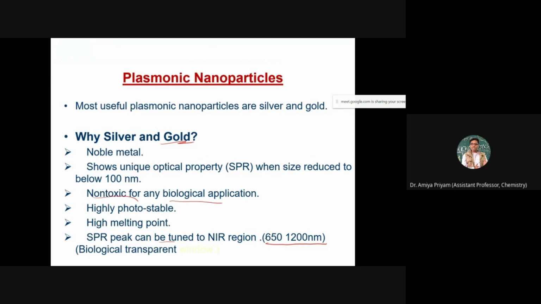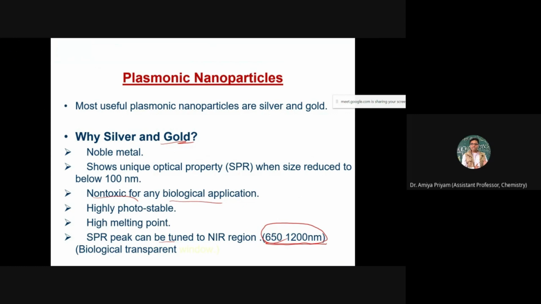We require that it is tuned into this range, because blood absorbs in the visible region. It is red in color. There are also other cellular components which will tend to absorb when you are working in the visible region, and that may not be a good thing, because there will be unwanted photo damage to the healthy cells.